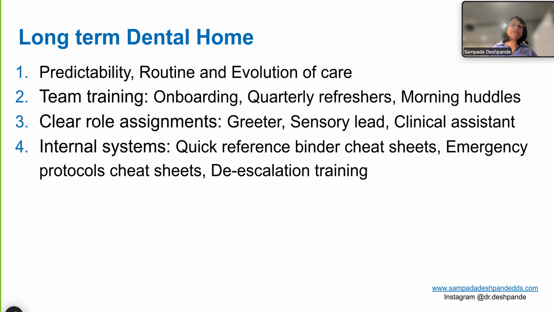So you know that something along your processes has kind of failed, which is why now you're seeing a patient with these behaviors in your operatory and you are not prepared to handle it. In any case, even after that training, even after taking care of that situation then and there, you have to go back and fix that process so that it doesn't happen again.